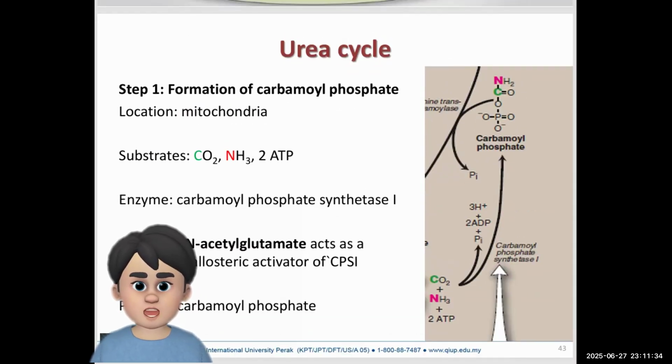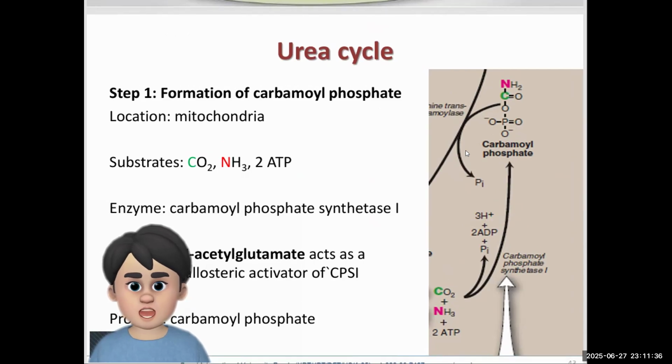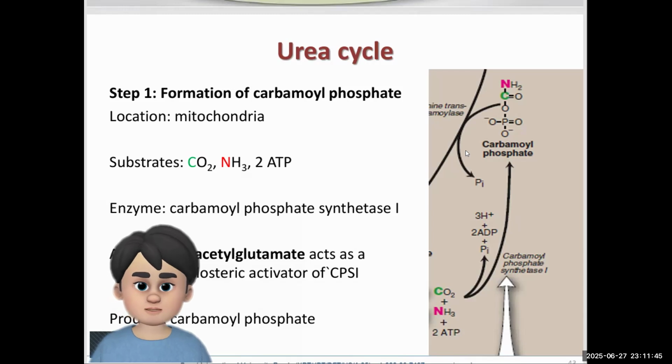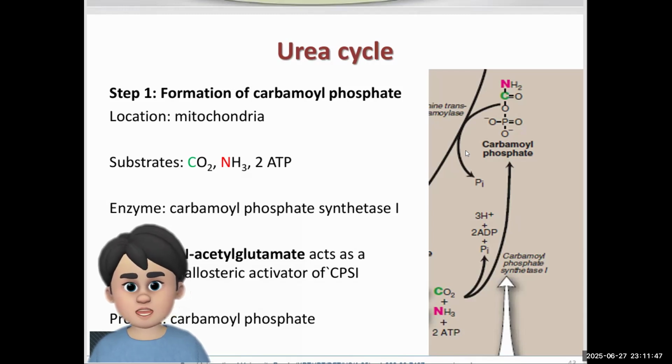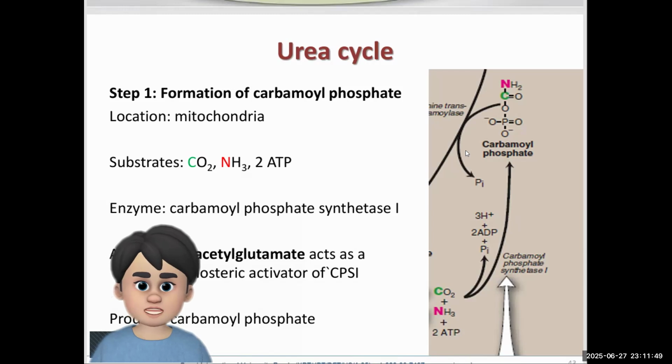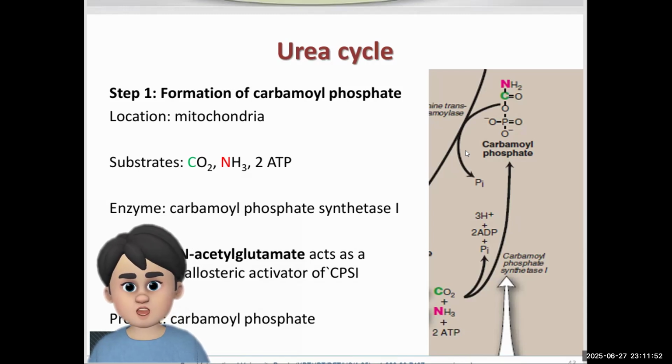Step one, formation of carbamoyl phosphate. The location is the mitochondria. The mitochondria has a stroma inside, and as you might have learned in A level, the mitochondria has a double membrane.